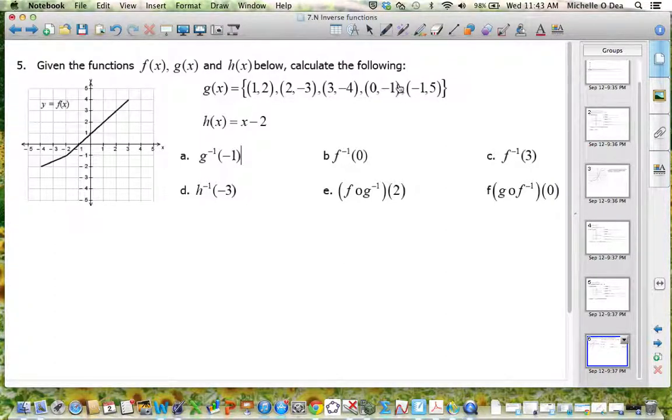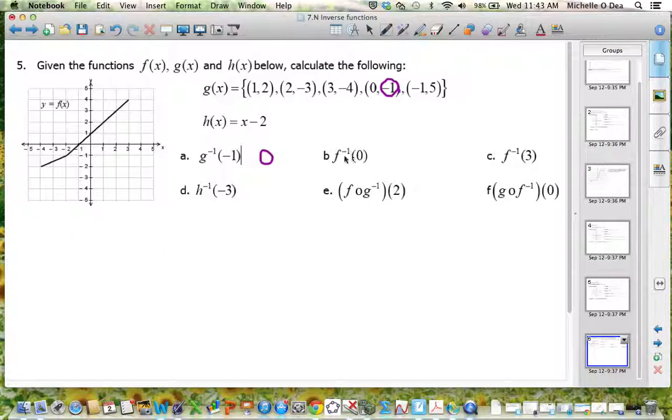And we can see here, there is -1. So for the original function, when y is -1, the x value is 0. So for the inverse, when x is -1, the y value would be 0. So you just remember, you're always swapping your x and y coordinates.